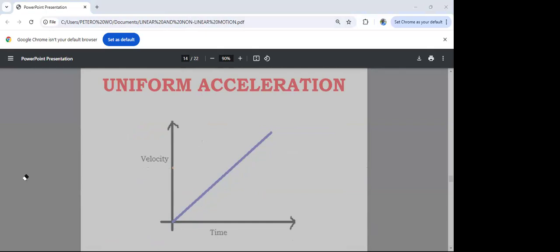Maybe if we draw a graph of acceleration against time, which we don't look at, but because we defined uniform acceleration as the rate of change of velocity, so velocity changes as the time changes, but the rate at which they are changing is constant. So on a velocity time graph, when you see something like this, then this means uniform acceleration.